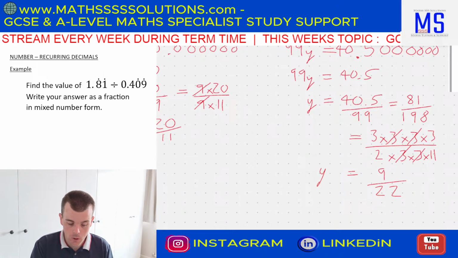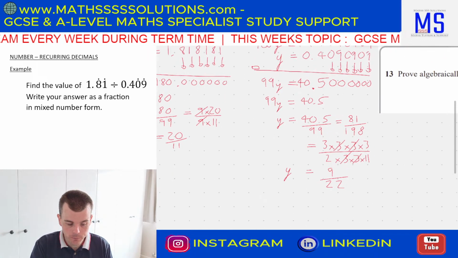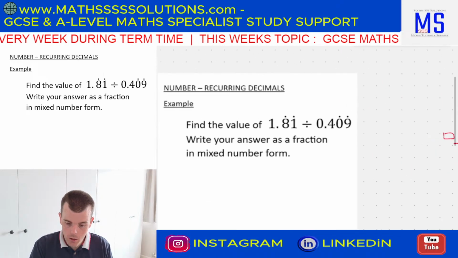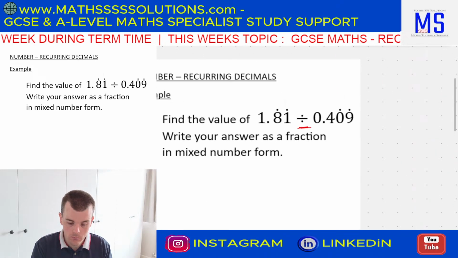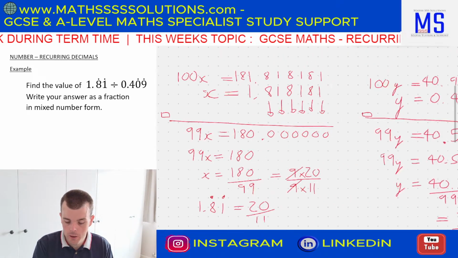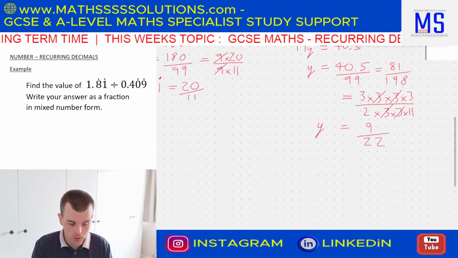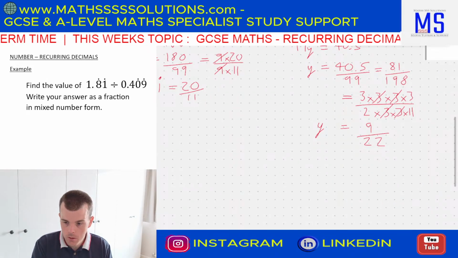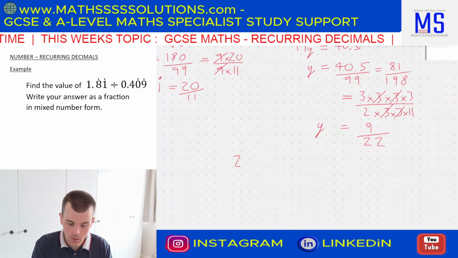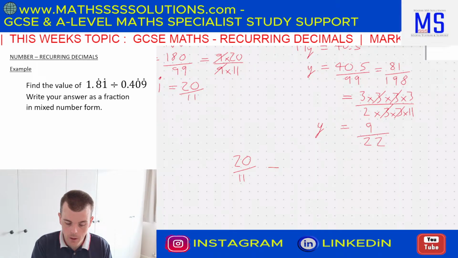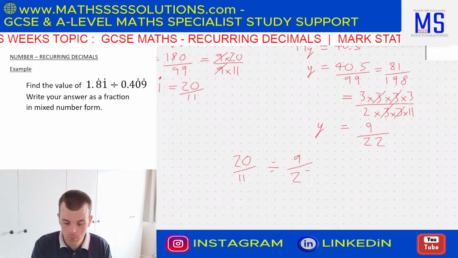So what you have to do here is we are dividing them. Okay, so we need to divide the two numbers. So you've got 20 over 11 divided by 9 over 22.